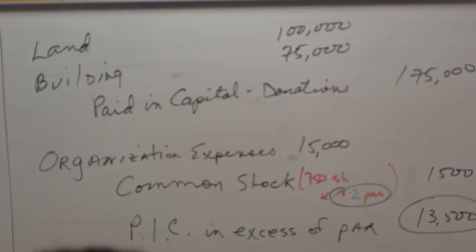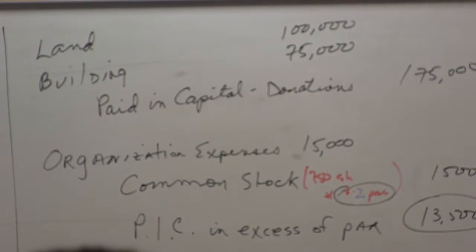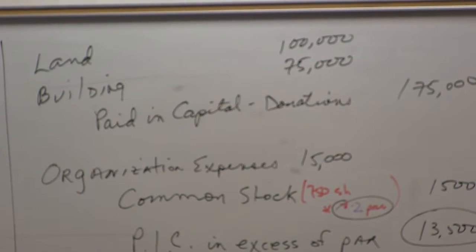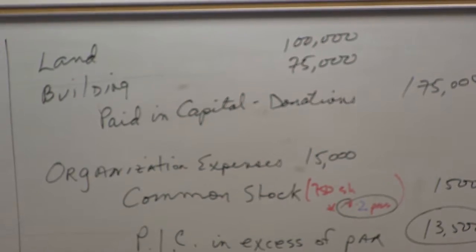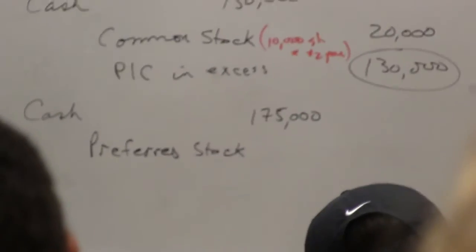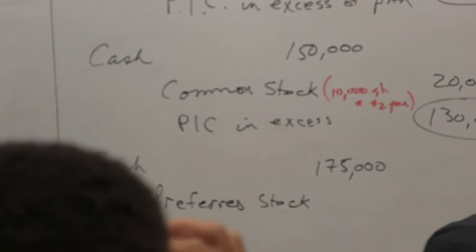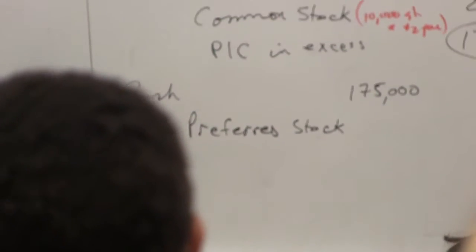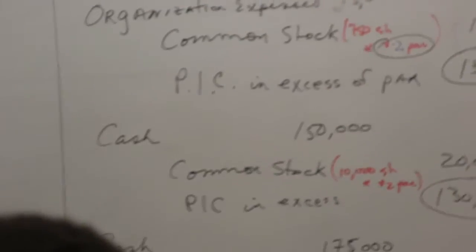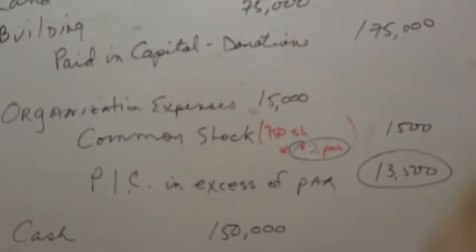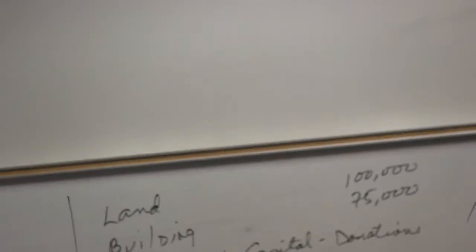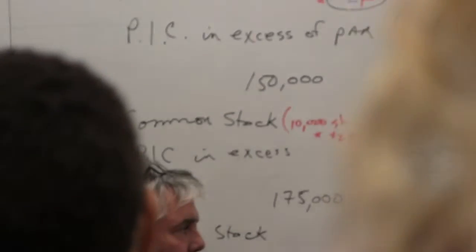Thomas, why did I get $175,000? What kind of shares? What goes into the preferred stock account when I issue new shares? Par. What was the par of the preferred? $25. So, Quincy? 5,000 times 25. 125.